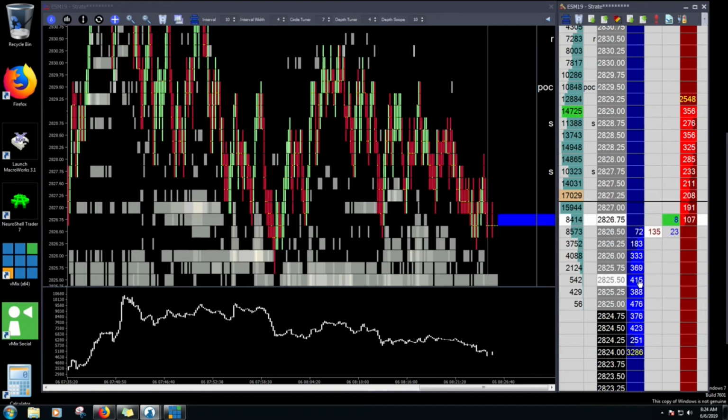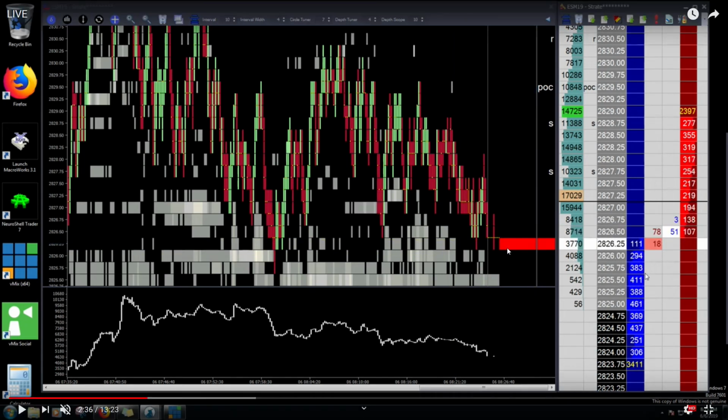So I'm just sort of watching, looking for some sort of entry. Now here's the sign. Check this out. So the sand color, the depth of market, labels it as the point of control, and there can be more than one point of control, but my software is telling me this is the most traded price of the day so far.